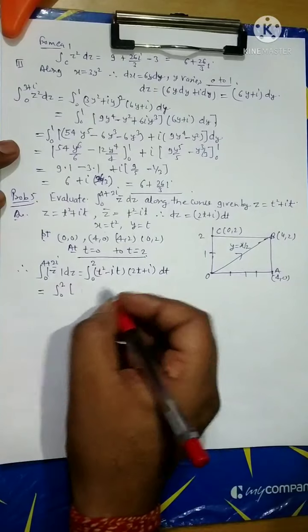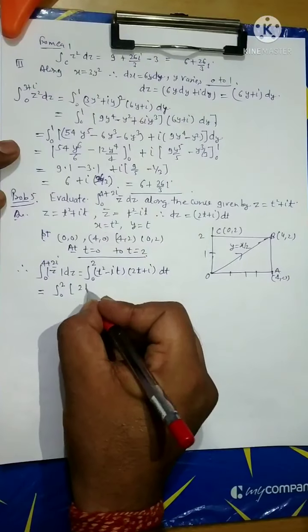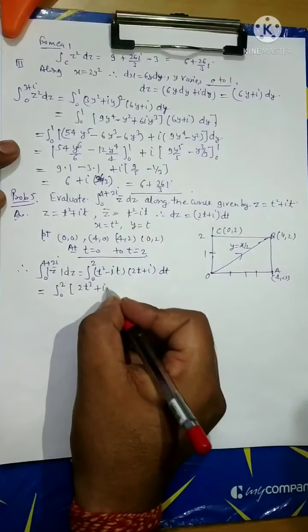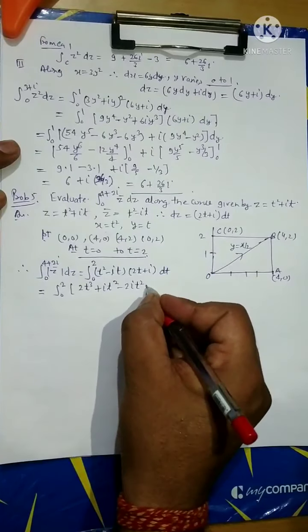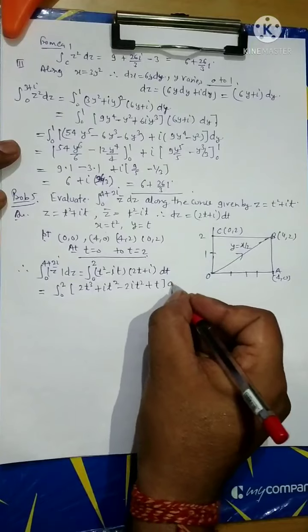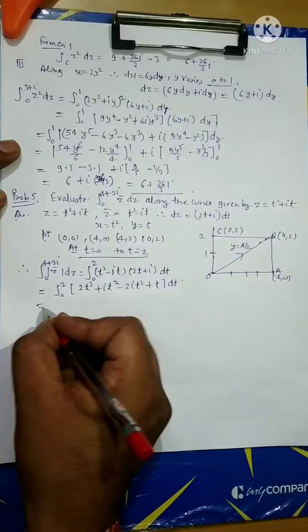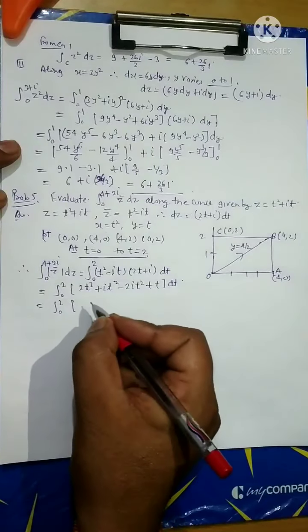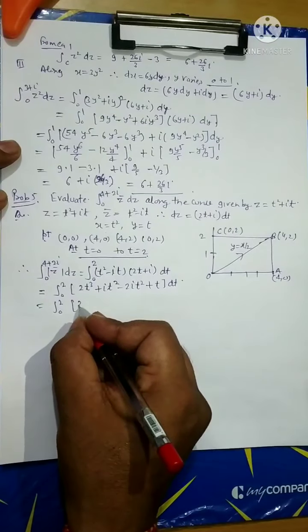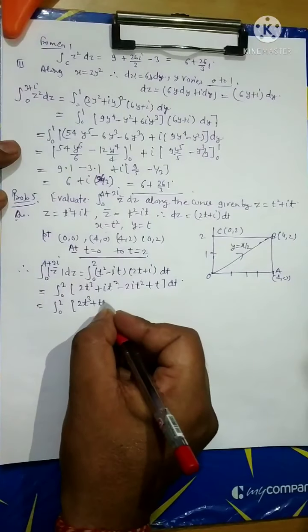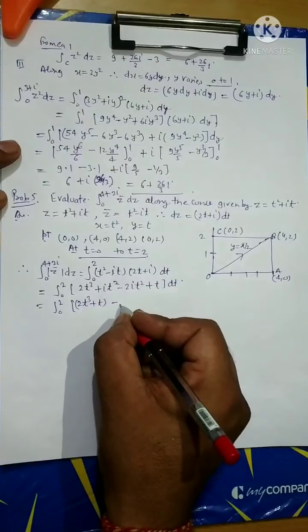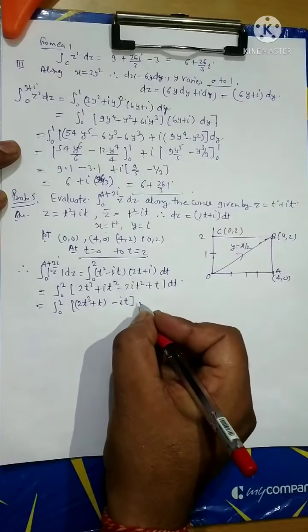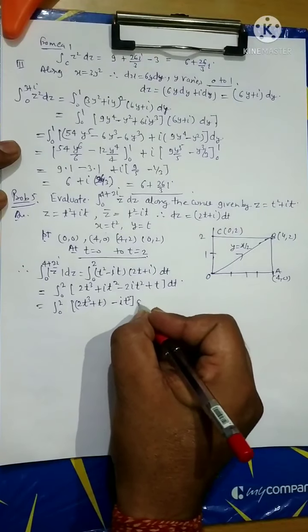We multiply both brackets, then we get 2t cube plus it square minus 2it square plus t dt. This is equal to limit 0 to 2. Now real part 2t cube plus t. Now imaginary part minus it square dt.